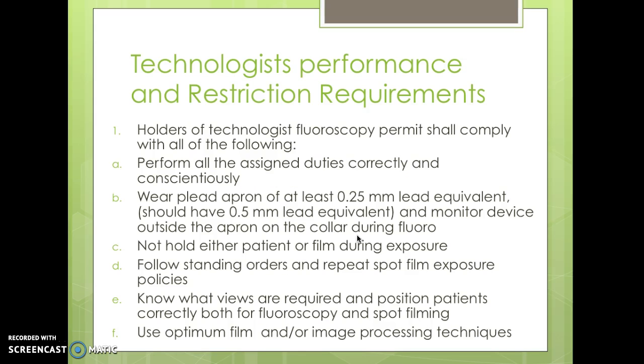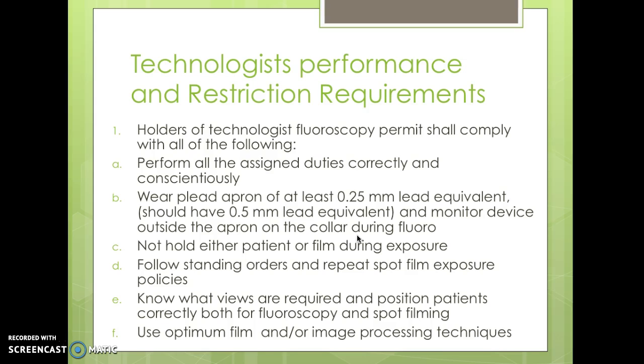So technologist performance and restriction requirements. Holders of technologist fluoro permits shall comply with the following. Perform all the assigned duties correctly and consistently. Wear lead aprons of at least 0.25 lead equivalent, and it should be 0.5 millimeters of lead. They say that 0.25 is the minimum, but it needs to be 0.5 millimeters of lead.